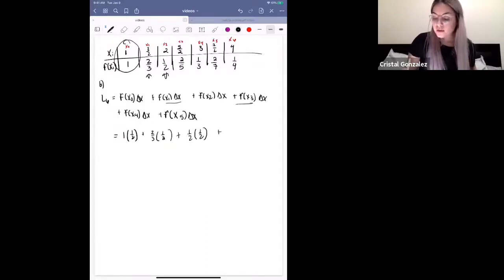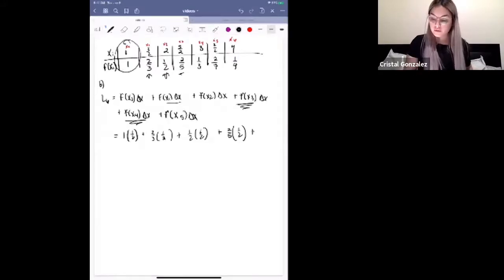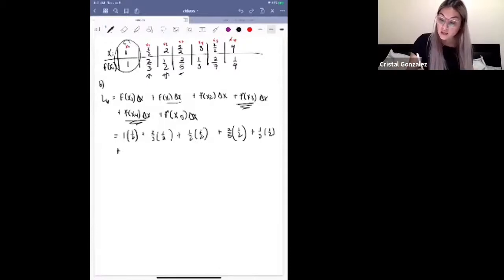And then this is going to be f of x3, that's right here, which is 2 over 5 times 1/2, plus f of x4, which is 1 over 3 times 1/2, and I ran out of room, plus our last one, which is 2 over 7 times 1/2. And now you can simplify it and add it all up, but I did it ahead of time, which is 1.59285.